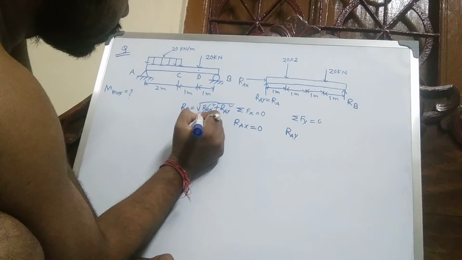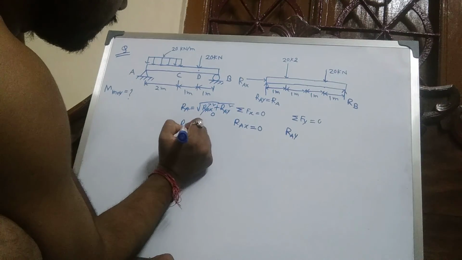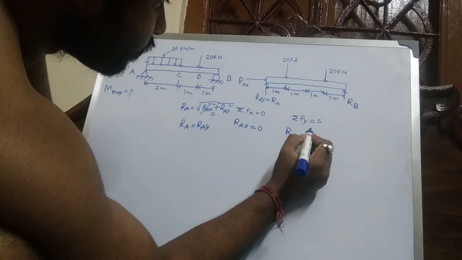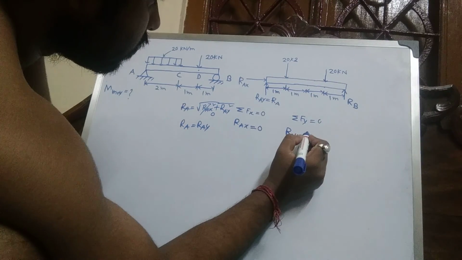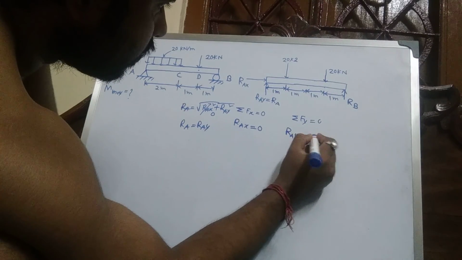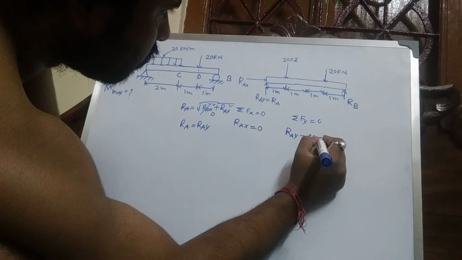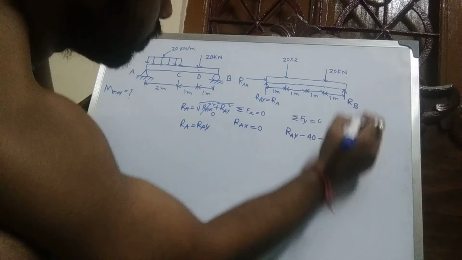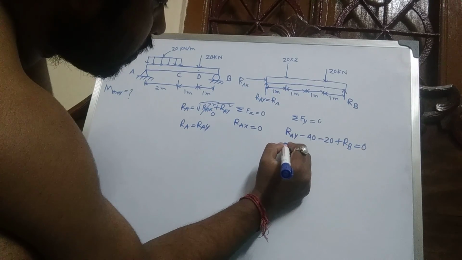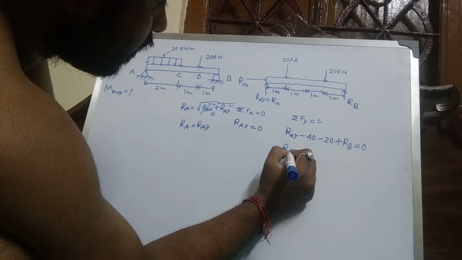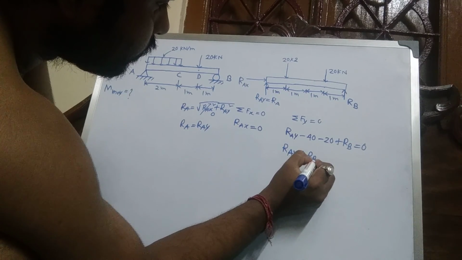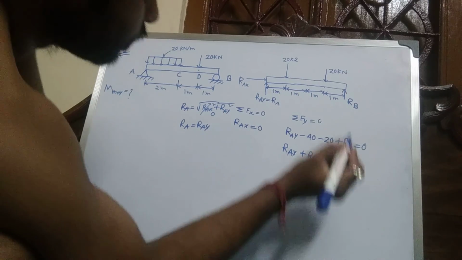Here RAX is 0, so RA equal to RAY. So upward force, this is downward minus 40, this is also downward minus 20, this is upward. Upward is taken as positive, RAY plus RB equal to 60.